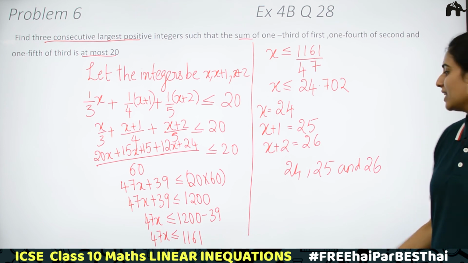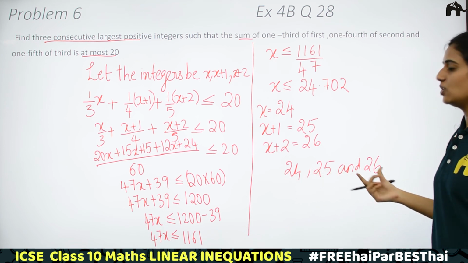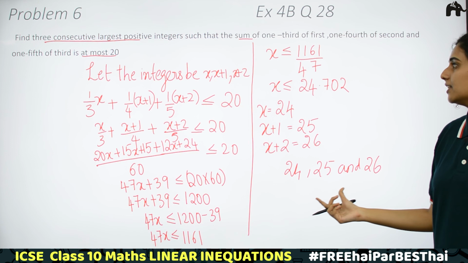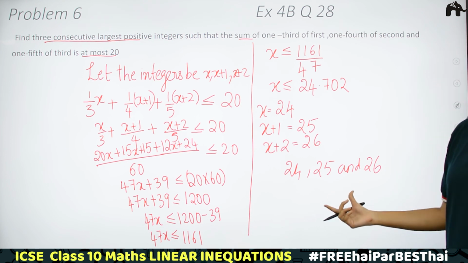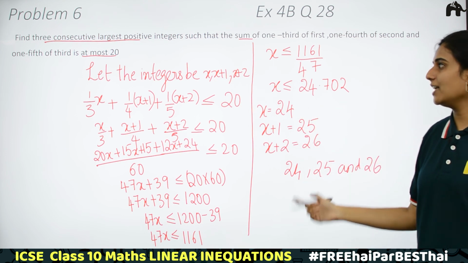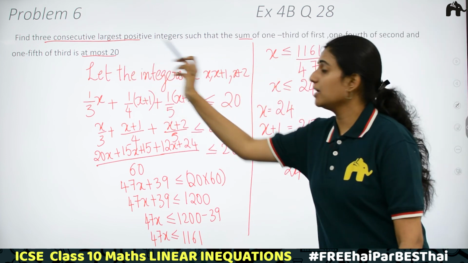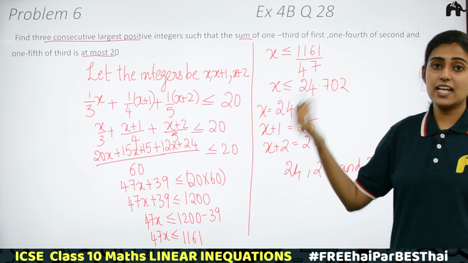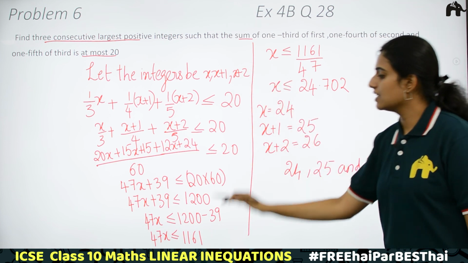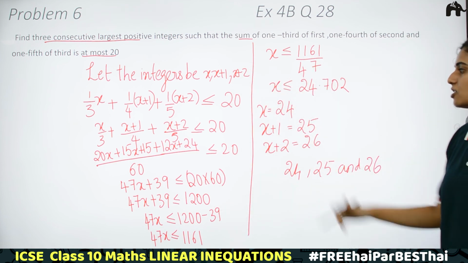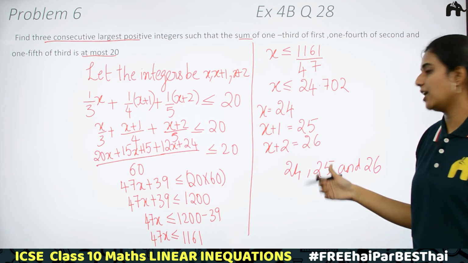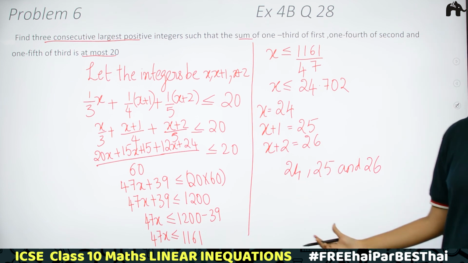Clear? These are the consecutive integers. Hope you understood this question, how we solved it. The word at most means the maximum value. Even 20 can be included but not greater than 20. With this, we solved the problem, solved the inequality and got the value of x. Clear?